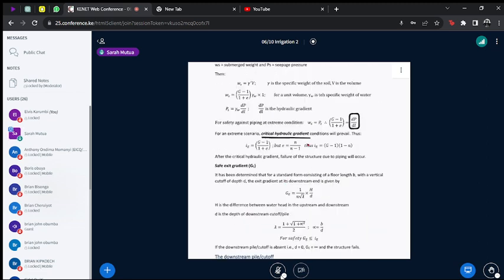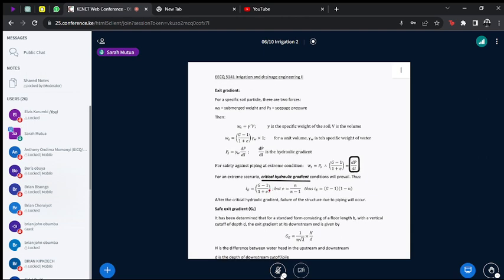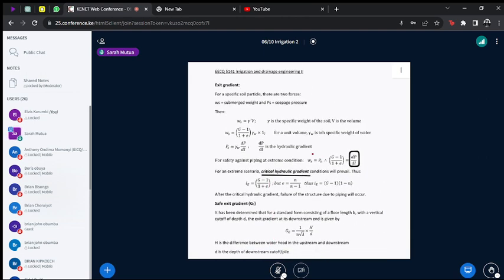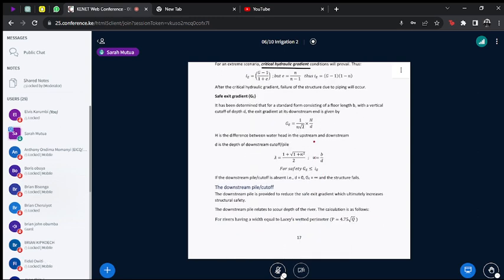And remember how we derived this expression: we balanced the Ws and Ps. So GE has to be equal to or less than IC. Now, this has already been developed elsewhere, if you set d equal to 0, let's say the depth of the downstream pile is 0, what will happen?